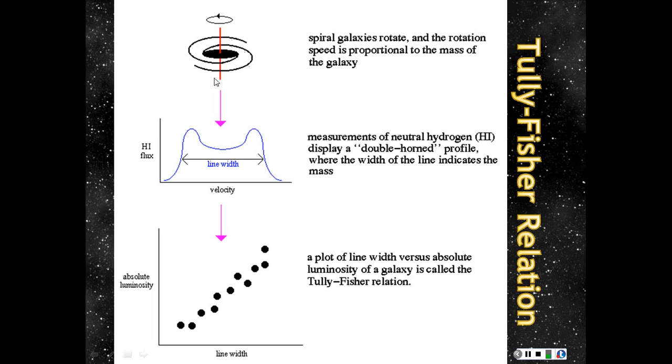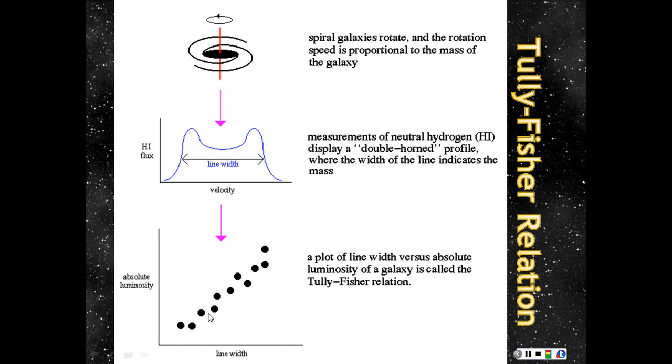And since we can measure the distance to galaxies using Cepheids, main sequence fitting, and supernovae, we can show that this width is correlated very well with the absolute luminosity. So what is the total brightness of a galaxy? How wide is this line? And if we plot them, we get a really nice correlation.